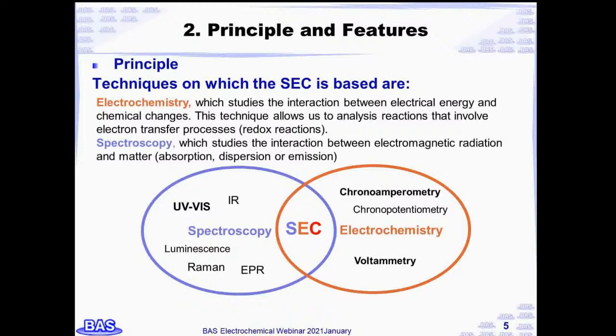On the other hand, spectroscopy studies the interaction between electromagnetic radiation and matter. This figure shows the often used techniques. Ultraviolet visible absorption spectroscopy is the most well-known method, and the spectroscopy is combined with electrochemistry techniques, for example, coulometry, amperometry, potentiometry, and voltammetry.